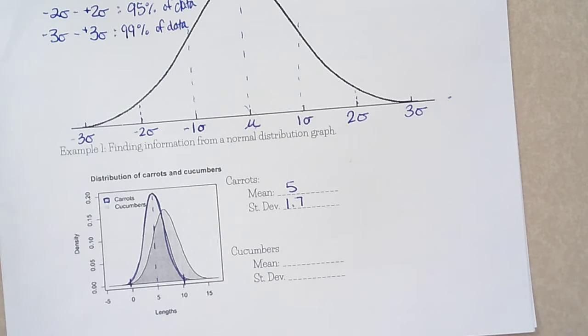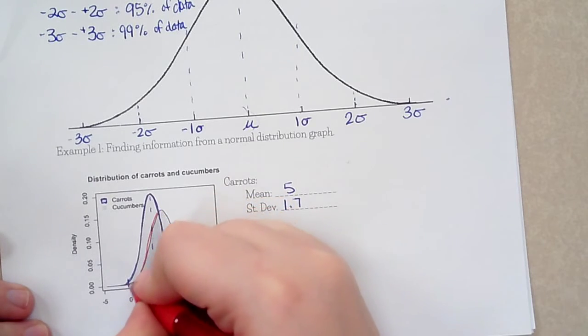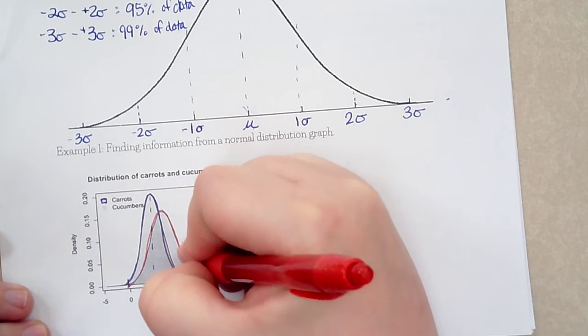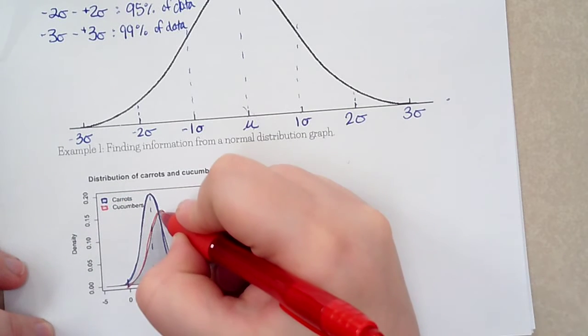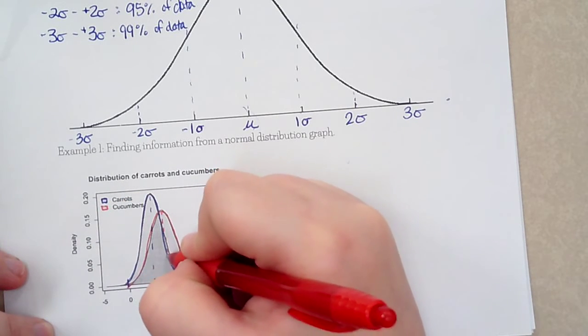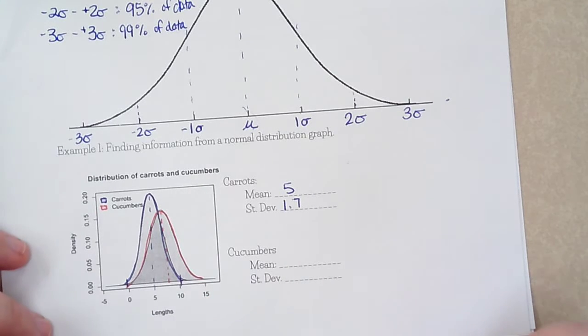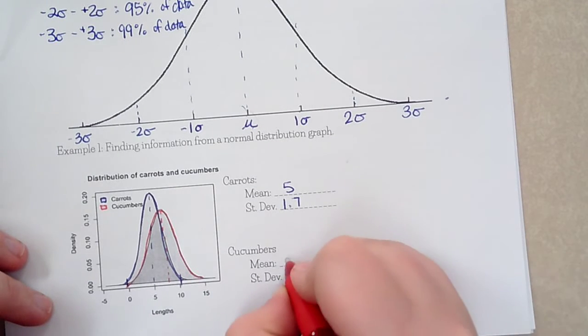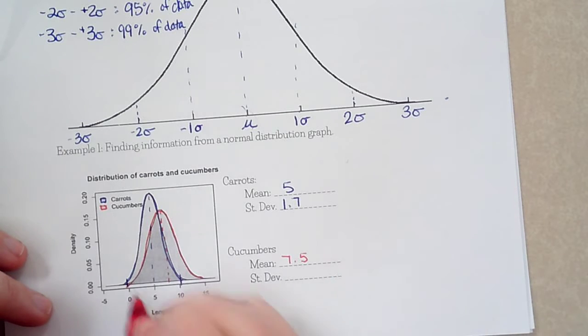Now for cucumbers, let's use a different color here. See if I can get a red maybe. There we go. If I drop my line down in the dead center, it's a little bit hard to see, but I'm going to estimate that that is probably right in the middle of 5 and 10. I'm going to say it's probably about 7.5. I'm going to do the same thing with my standard deviation.